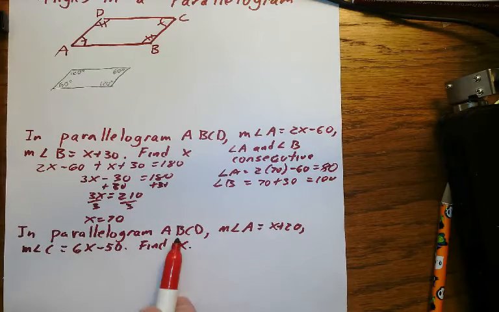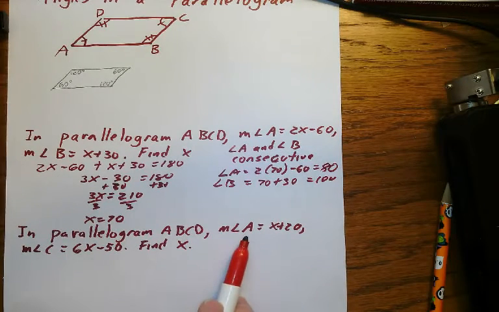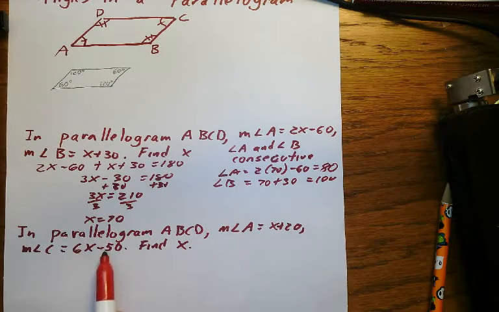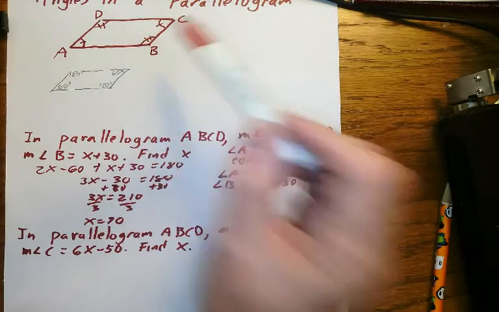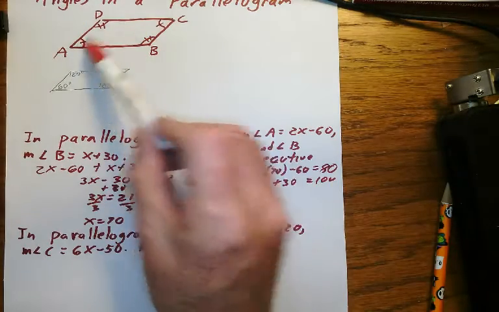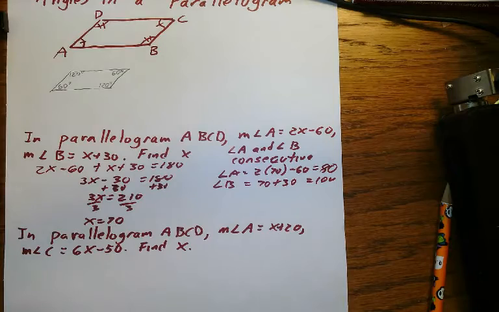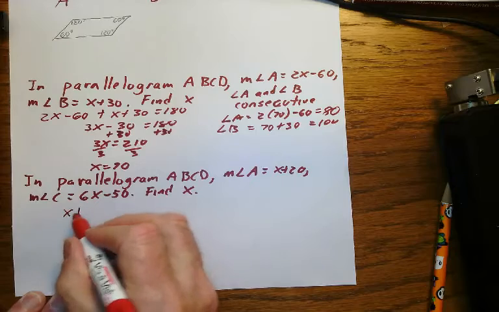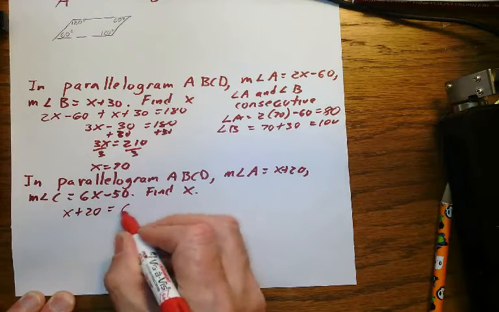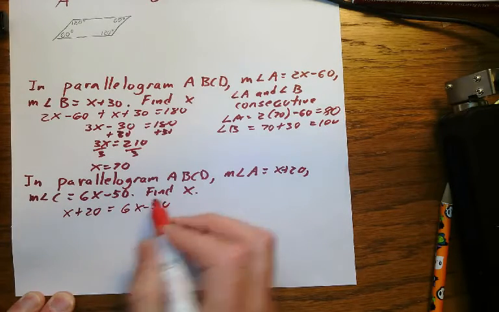In parallelogram ABCD, angle A is x plus 20, angle C is 6x minus 50. You can see from our diagram above where we have it labeled, angle A and angle C are opposite angles, and therefore they are congruent, equal to each other. So on this one, you would say x plus 20 equals 6x minus 50.